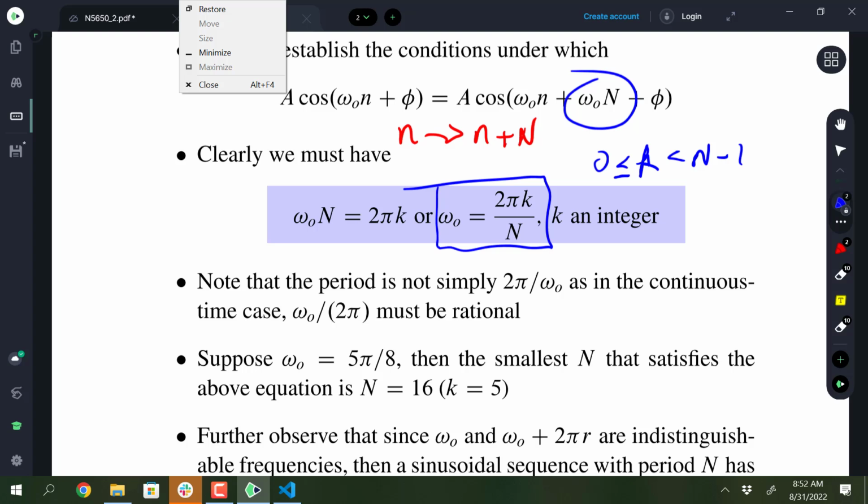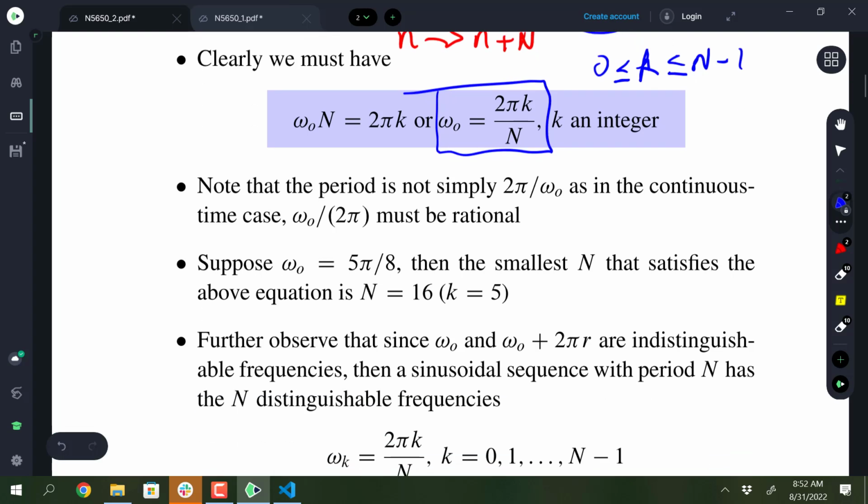Cosine of 0 would be 1. But for the fundamental interval, we just have to have k lie somewhere between 0 and less than or equal to n minus 1.